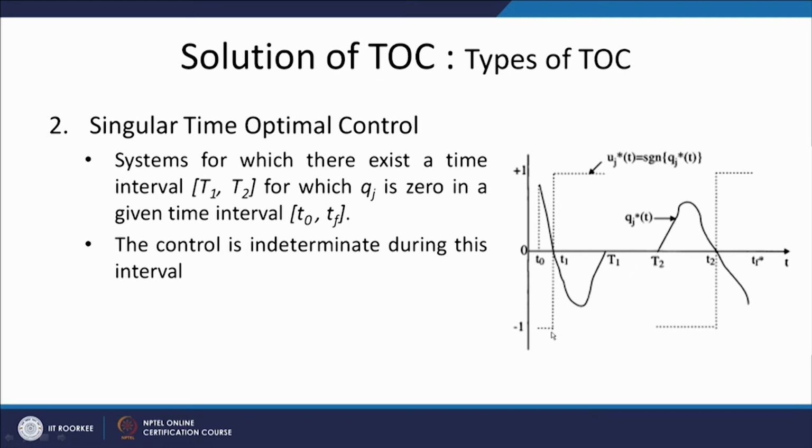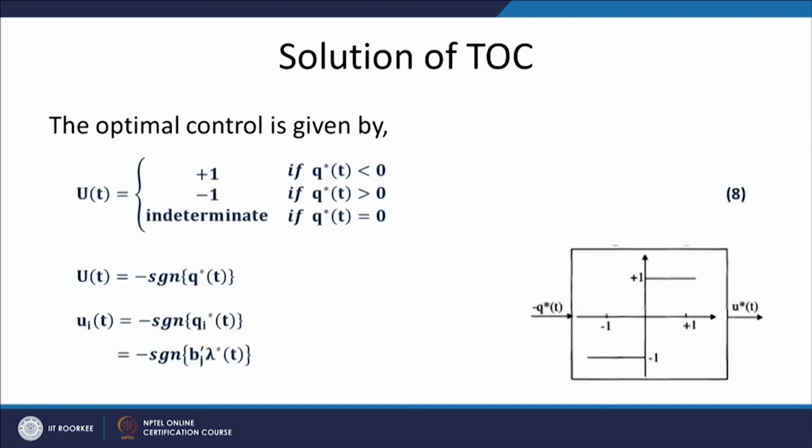So, what will be my control? It will be negative, then goes to positive, but between t1 and t2 it is undefined. So, during this period we cannot define any control input. So, this is the indeterminate case as we have said here. So, when qt is 0, my u is undetermined.